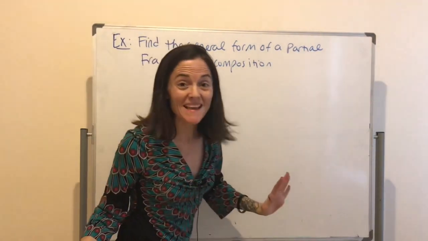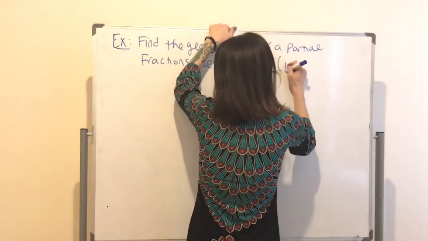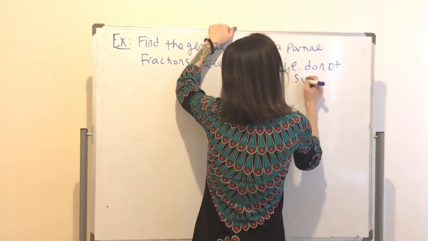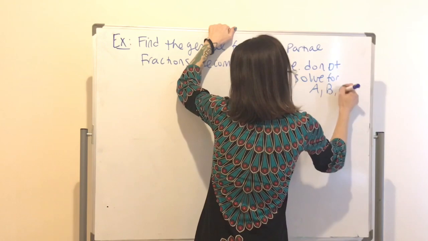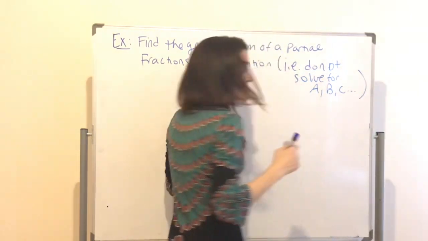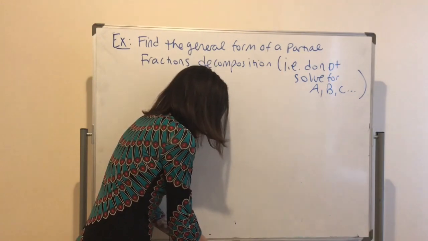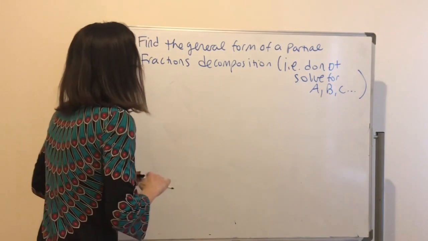What I mean by this is we're not going to solve for the coefficients. So in other words, do not solve for A, B, C, etc. And you will see when I write it that we wouldn't want to. At least just using markers and standing up here at the board.